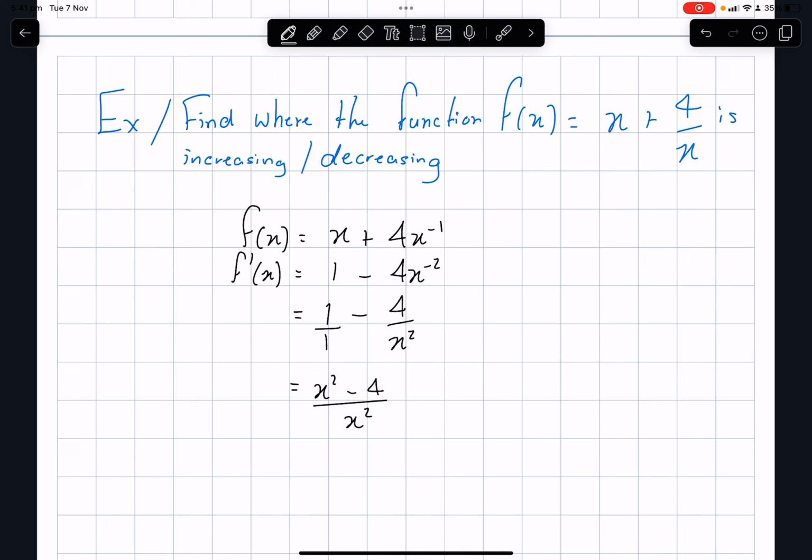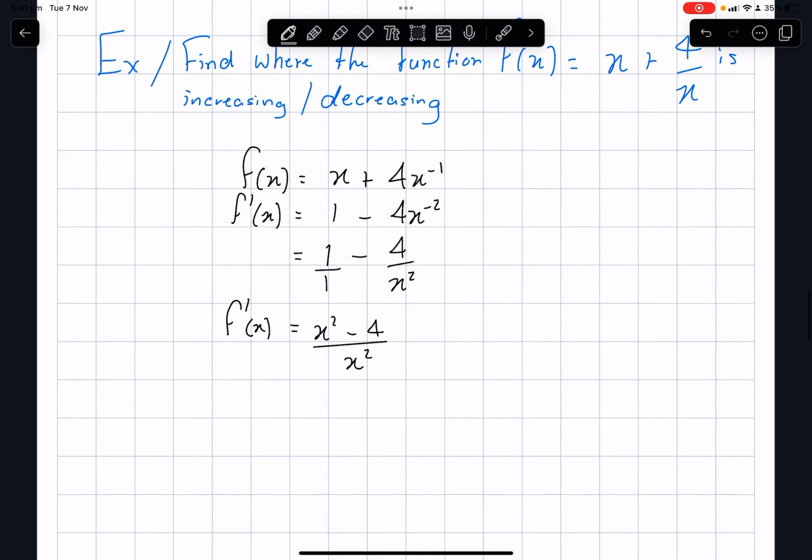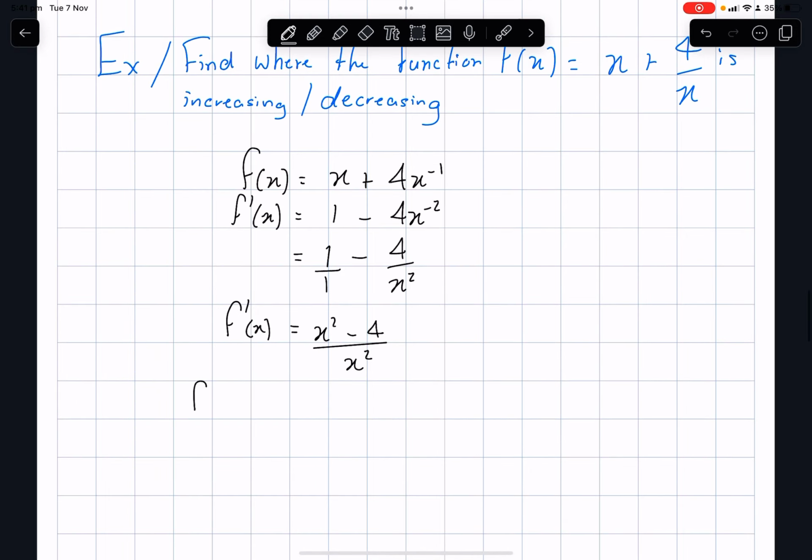Now you're probably wondering, why would I do that? But now that I have it set like this, it's going to show a really key point. Now, when I have a fraction like this, I want to solve the top to be equal to 0. This gives me my turning points.